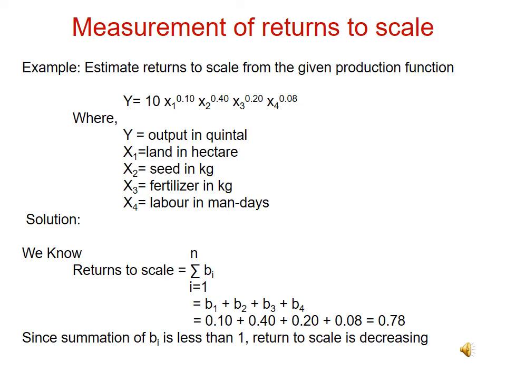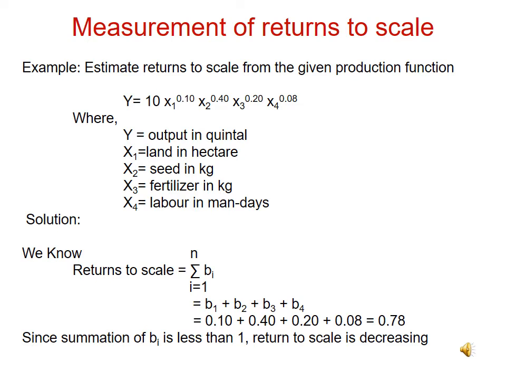So now we need to calculate returns to scale. We know that returns to scale is nothing but the summation of the elasticity coefficient, that is summation i goes from 1 to n, and here n is 4, since there are 4 variable inputs: land, seed, fertilizer and labor. So returns to scale, summation of i goes from 1 to 4 bi.